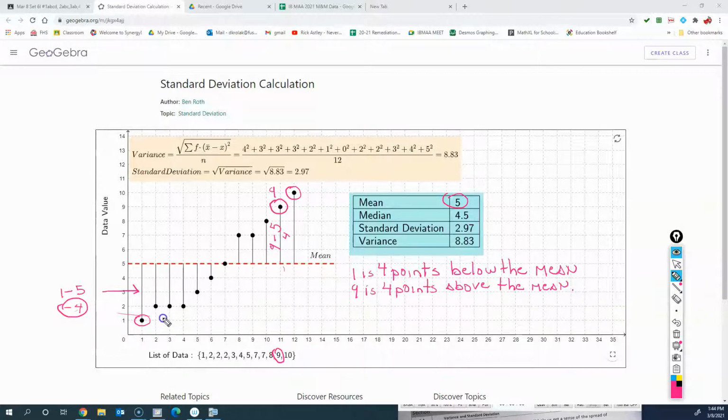For example, this right here is the number 2. What's its distance from the mean? Josefina, how far is this from the average? Above or below? So we'd say 2 is 3 points below the mean.